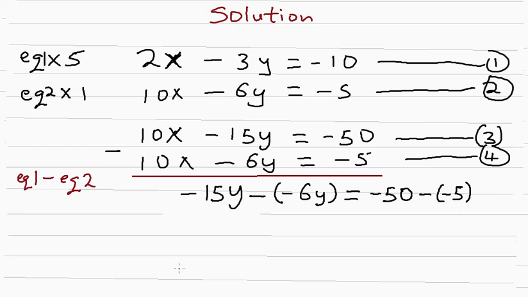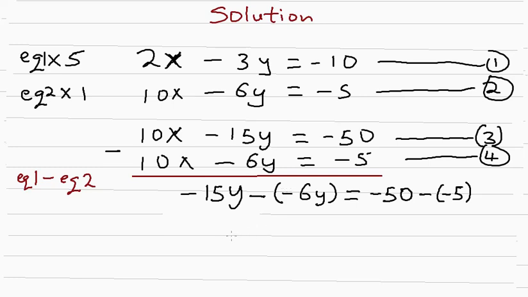You know what happens here? Minus times minus is plus. So what I'm having is minus 15y plus 6y, and of course that should give me minus 9y.